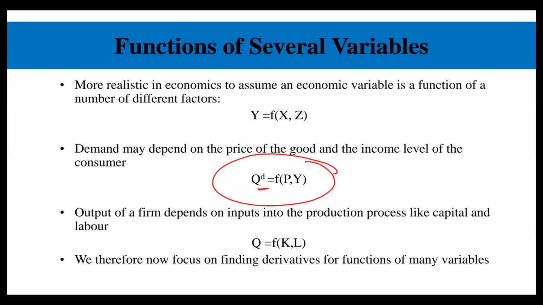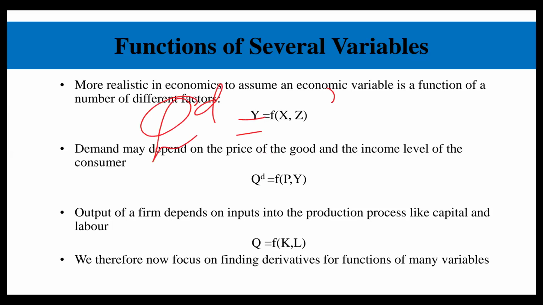So mathematically, this is the relationship for the quantity demanded. We're saying quantity demanded Qd is a function, meaning it's determined by price. It is determined by income, Y for income. It is determined maybe by prices of related goods, let me put a Pr.